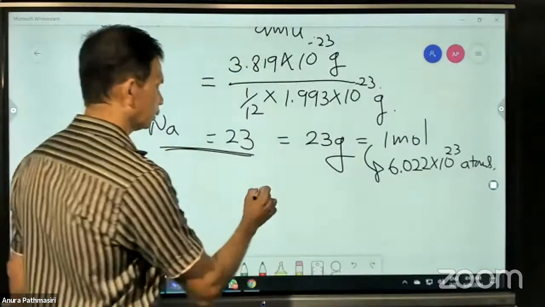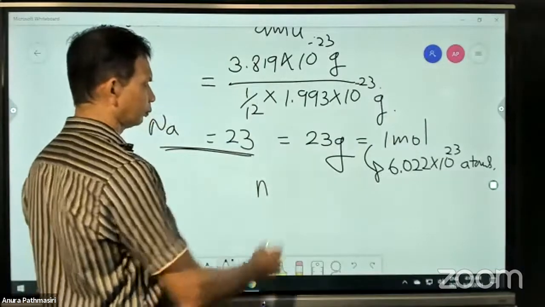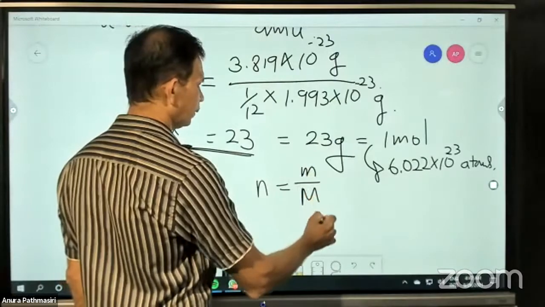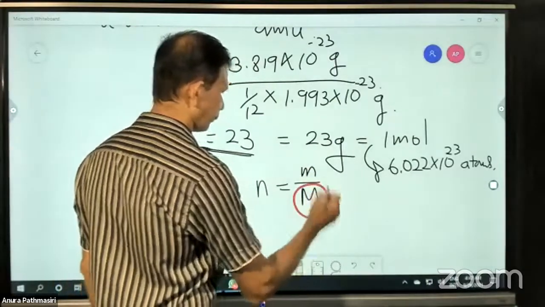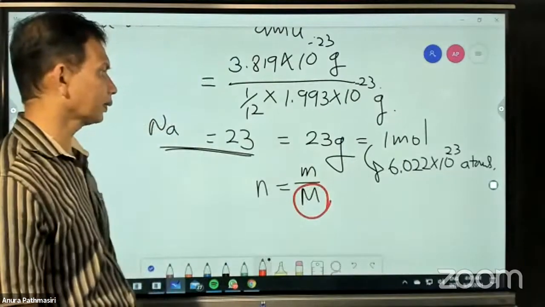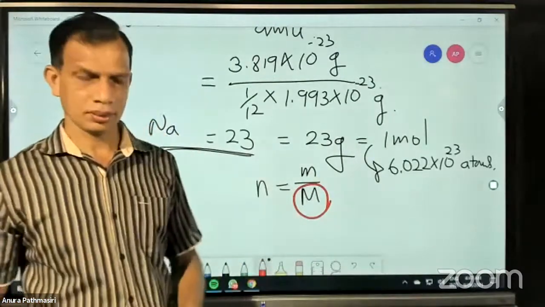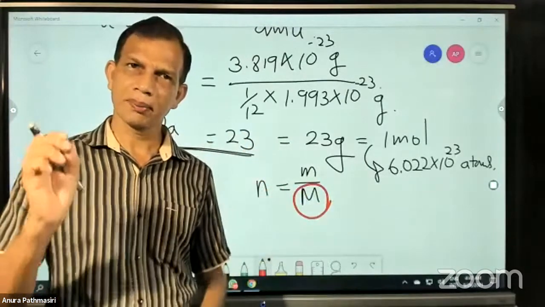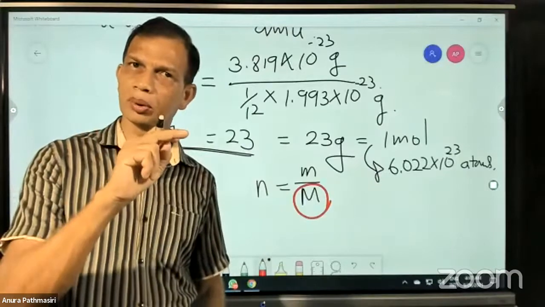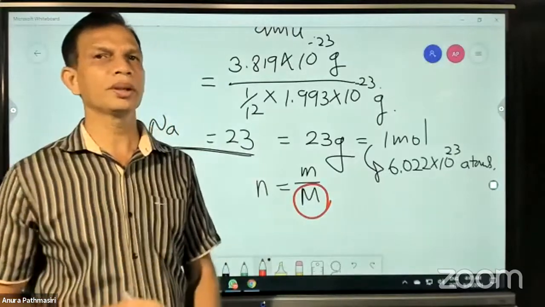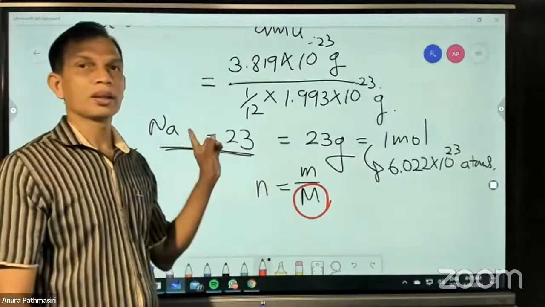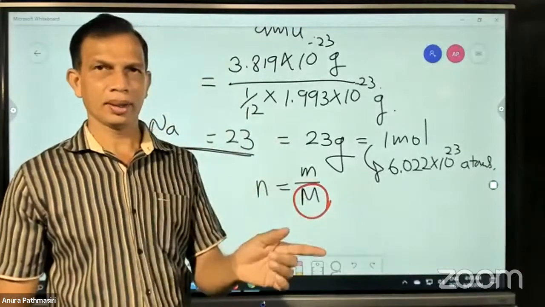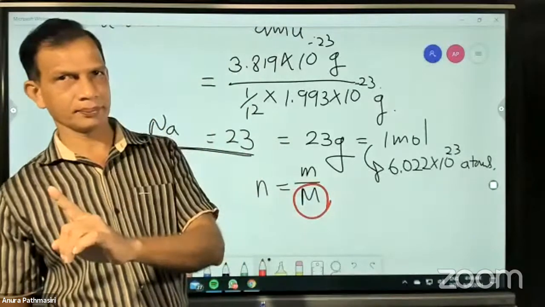I told you that number of moles equals given mass divided by capital M. That is what we are referring to here. That is molar mass. Mass of 1 mole is equal to the relative atomic mass in grams.